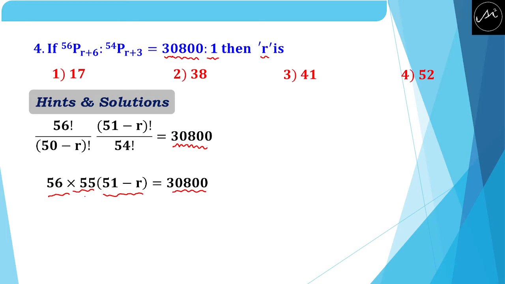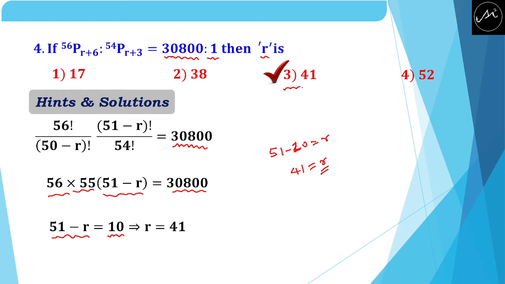Now if you simplify this, 51 minus r equals 10. So 51 minus 10 will be equal to r. So that is 41 equal to r. So option 3 is going to be the right answer.